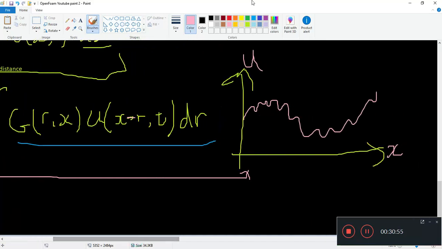Let's say I have some point x1. Okay, I take this point, right? So that fixes your x value. All right, that fixes your x value. So the u of x here is fixed, right? But you also kind of want to consider the surrounding velocities.